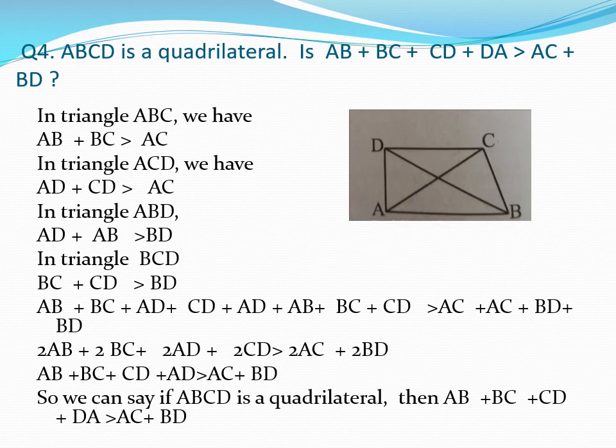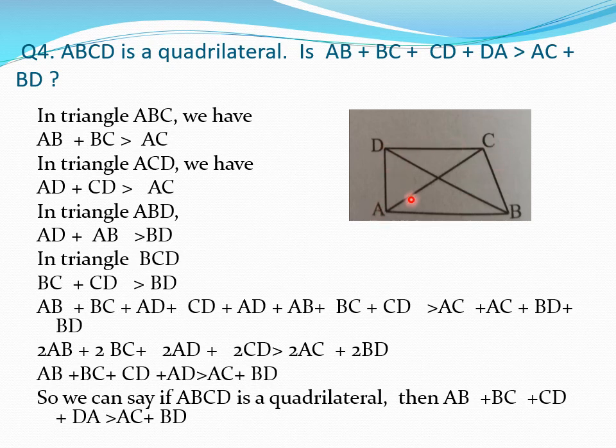Question number 4. ABCD is a quadrilateral. Is AB plus BC plus CD plus DA greater than AC plus BD? To prove this answer children, we have to consider different triangles from the figure. Here on the left side we have AC. So taking AC as one side, we can think of the triangles ABC and also triangle ACD.